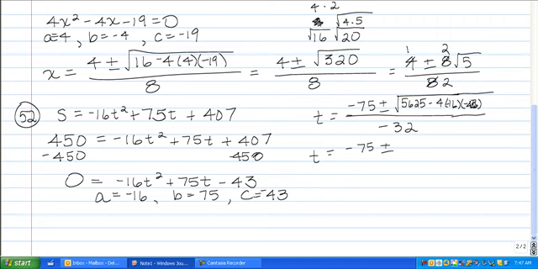Correct that. Okay, so we have the square root of 2873. And the square root of 2873 is about 53.6.